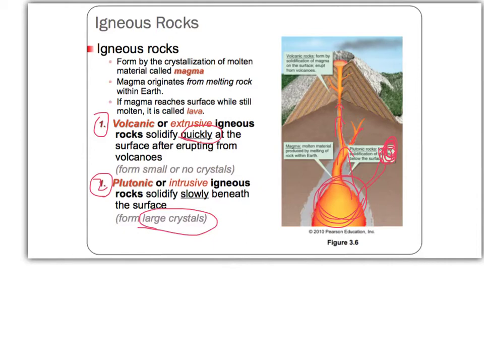And I want to add one other category here that we're going to call pyroclastic. If you've got magma coming up and it's under reduced pressure and these gases are coming out, you can get very explosive eruptions of material where the solidifying globs of lava are thrown out into the atmosphere.